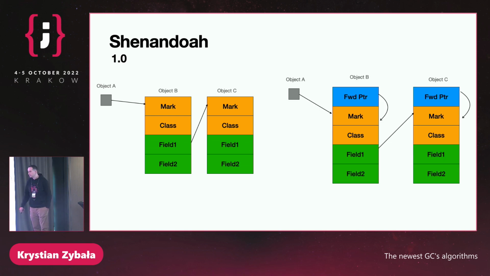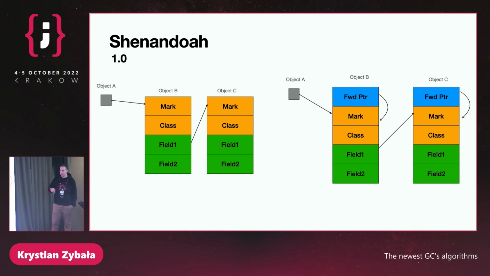And after that, in Shenandoah, we have the same situation, but what is added is the forward pointer. The forward pointer basically points to itself. So yes, it's some overhead because 8 bytes are added to each object.